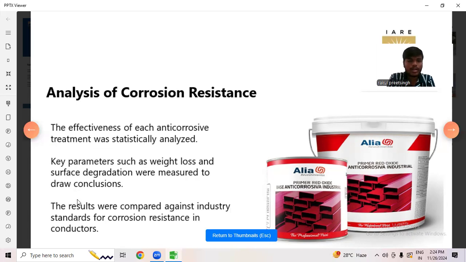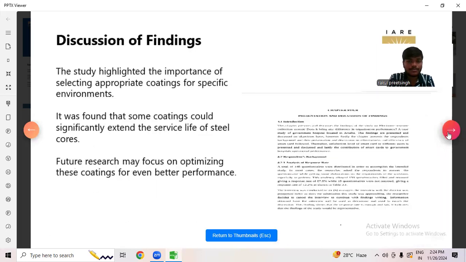The results were compared against industry standards for corrosion resistance in conductors. This is the analysis of corrosion resistance.